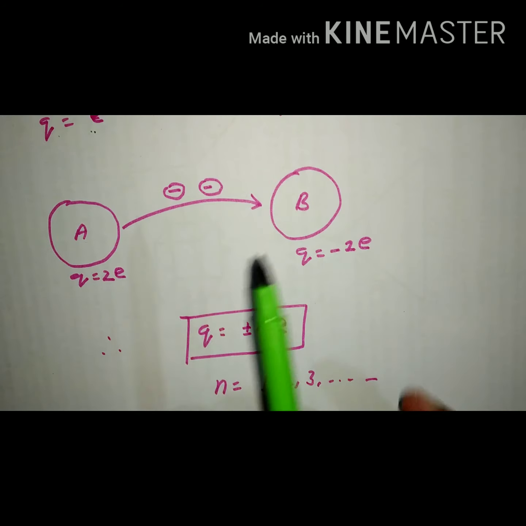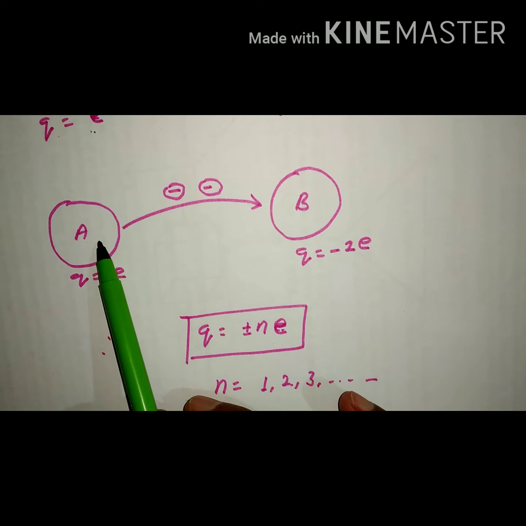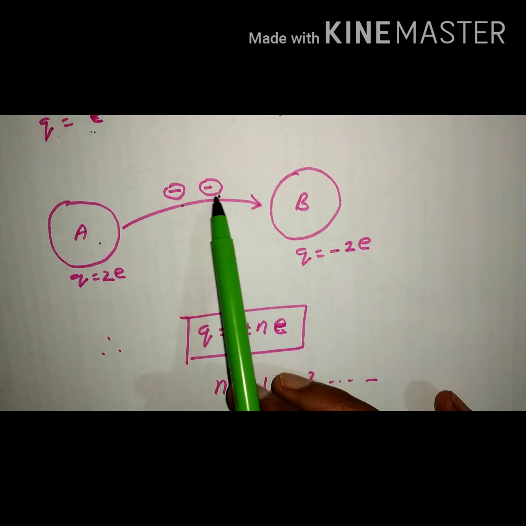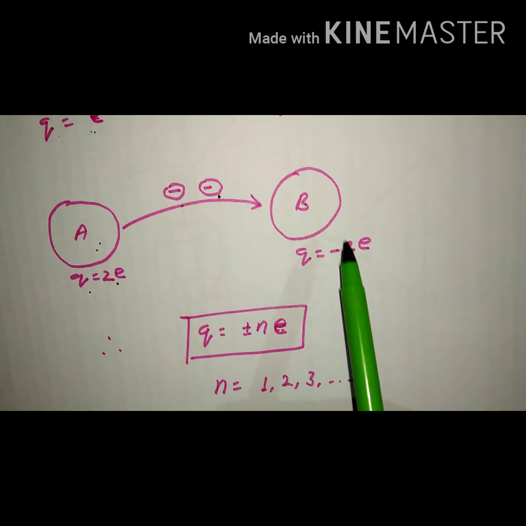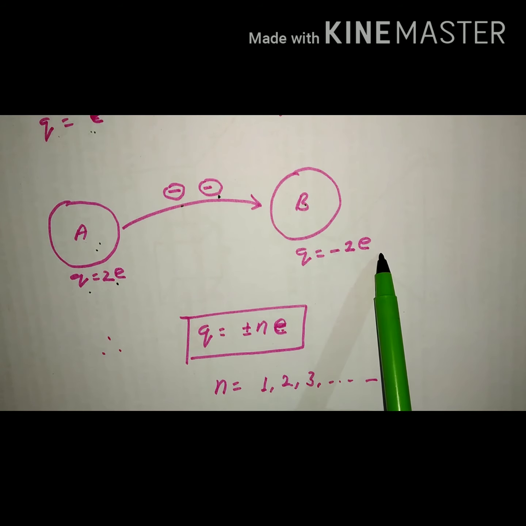Similarly, if material A loses 2 electrons, material A will gain +2e charge and material B will gain -2e charge.